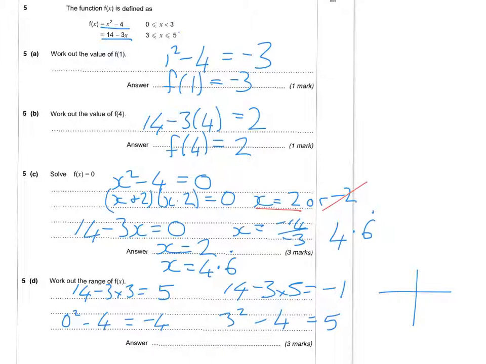Minus 4, and it comes up and it goes down. So this is our minimum, and that is our maximum. So our range is f of x is less than or equal to 5 and greater than or equal to negative 4.